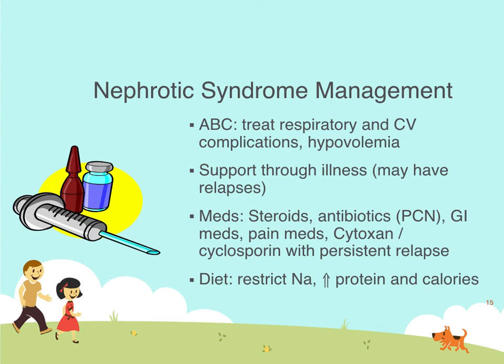For the patients who have a persistent relapse, they are going to go on a much higher level of medication, Cytoxan, which is a chemotherapeutic agent, and cyclosporin. And cyclosporin increases the chance of infection even more.